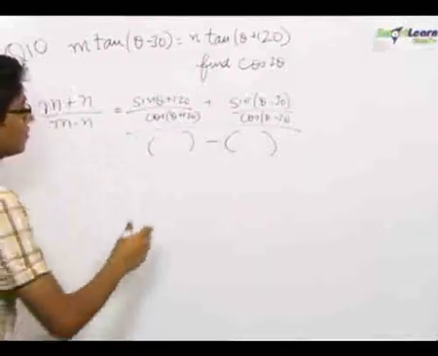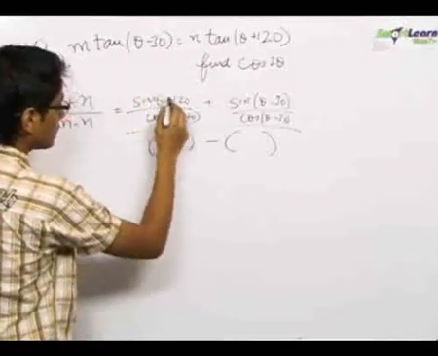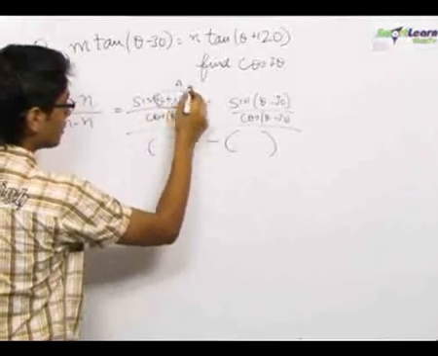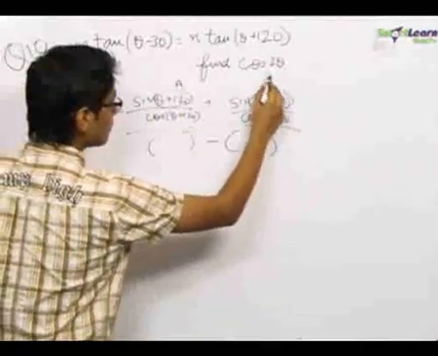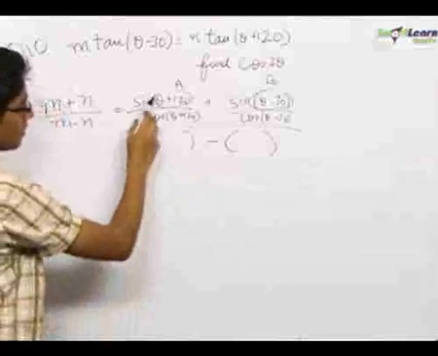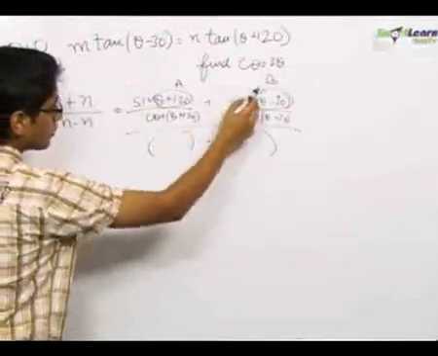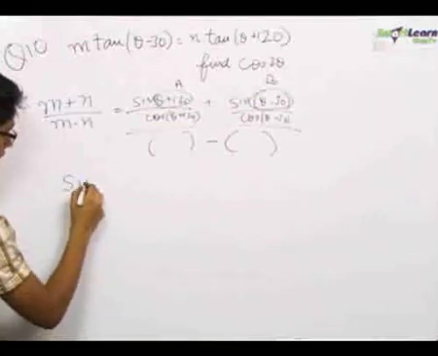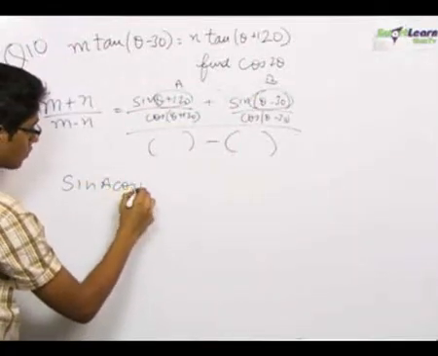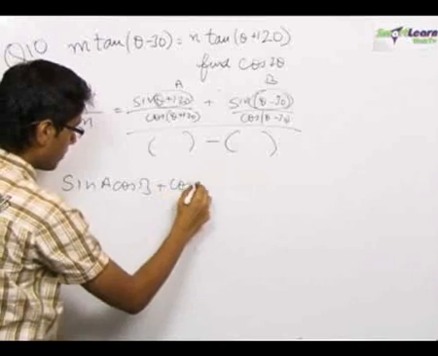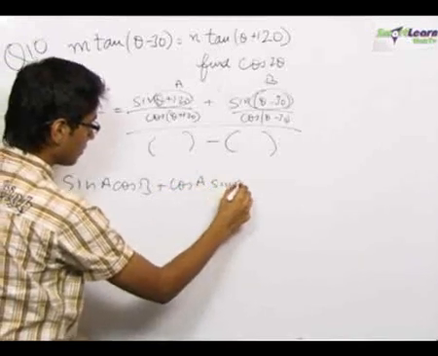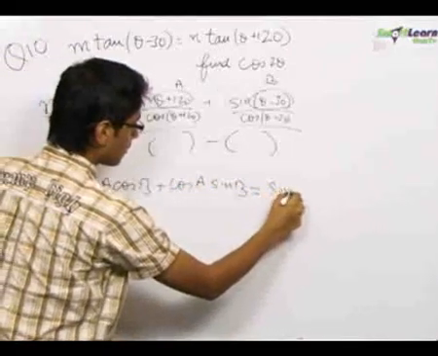Now if we take the LCM, this becomes sine. If we consider this angle as A and this angle as B, then we can clearly see that if we take the LCM, the formula becomes sin A cos B plus cos A sin B, and we know that sin A cos B plus cos A sin B is equal to sin of A plus B.